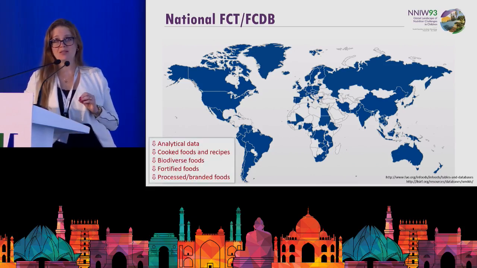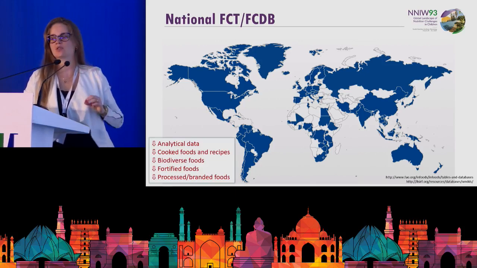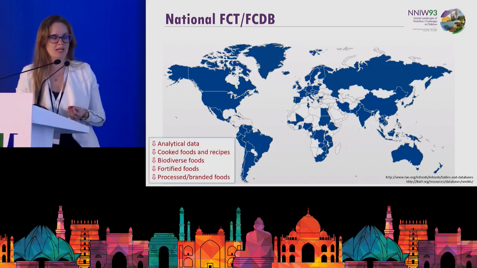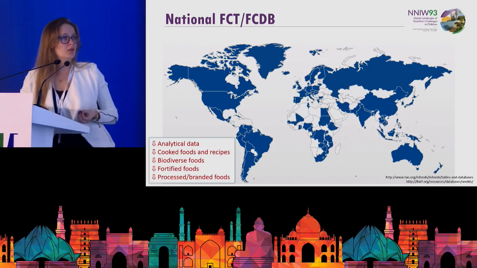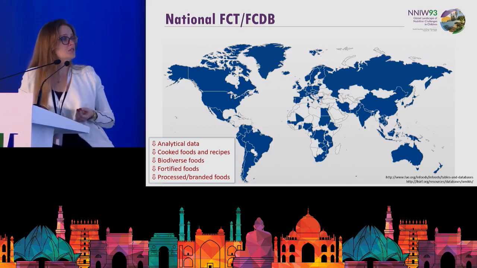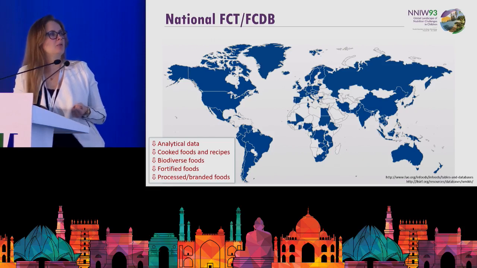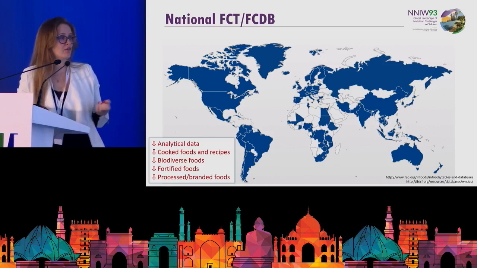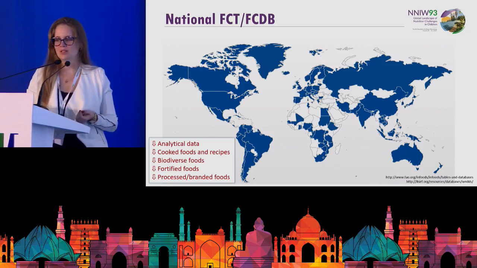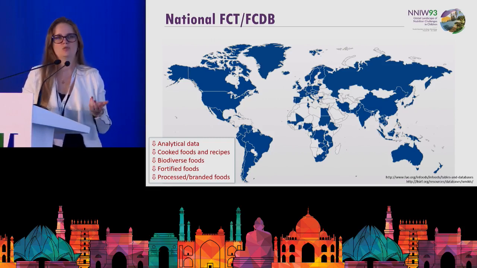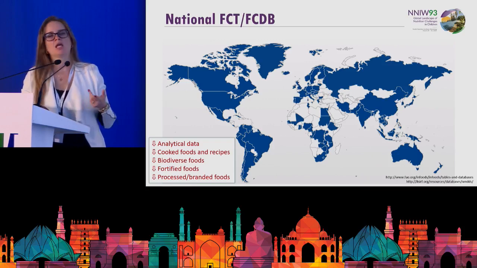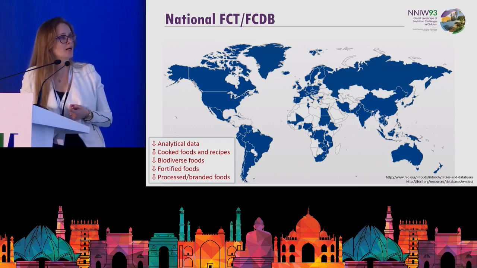But the problem is that most of these tables have few analytical data, few cooked foods and recipes, few biodiverse and fortified foods, and few processed and branded foods. And we know that the consumption of processed and branded foods is very high. It represents a great part of the food consumption in many countries, including low-income countries.